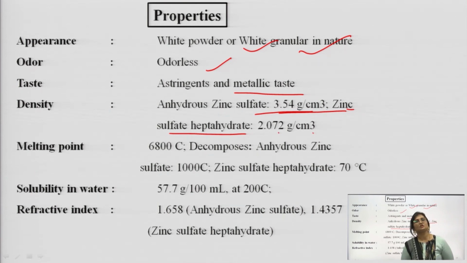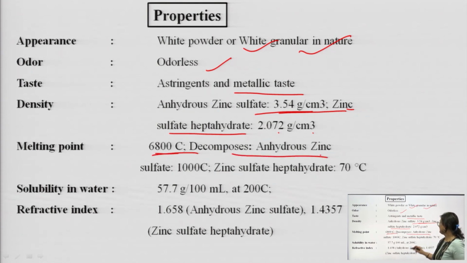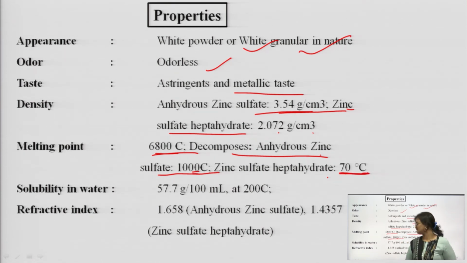The melting point of zinc sulphate is 680 degrees Celsius, at which it decomposes. Anhydrous zinc sulphate has a melting point of 1000 degrees Celsius. Zinc sulphate heptahydrate has a melting point of 70 degrees Celsius.